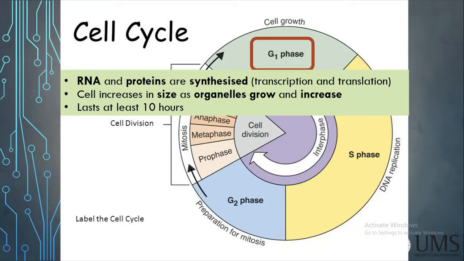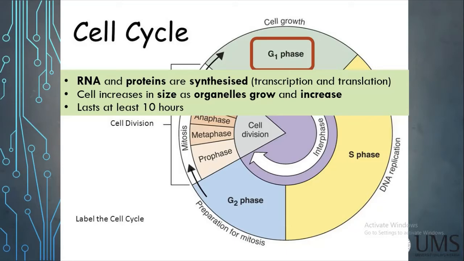Since the number of organelles also increases to support the protein synthesis, the cell will also increase in size to support the organelles that grow inside the cell. Therefore, this stage will last for at least 10 hours due to the amount of RNA, proteins, and other organelles involved in this phase.